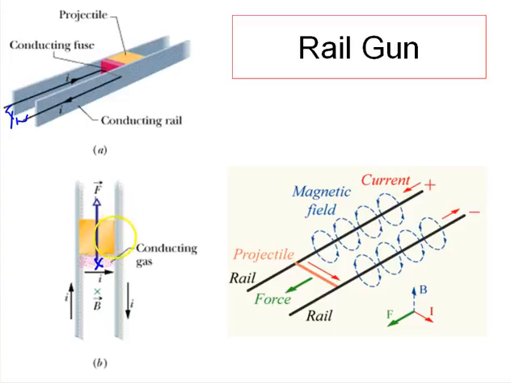And that magnetic force then is going to have the effect of propelling this projectile. So this figure shows our circular magnetic field lines, and our projectile there.